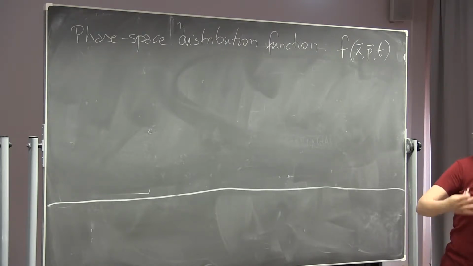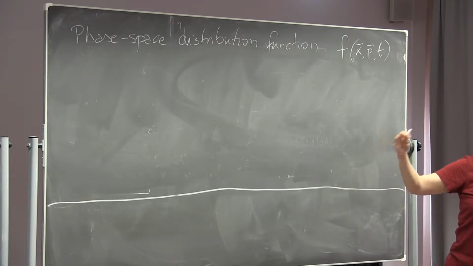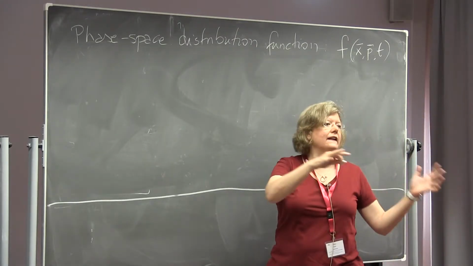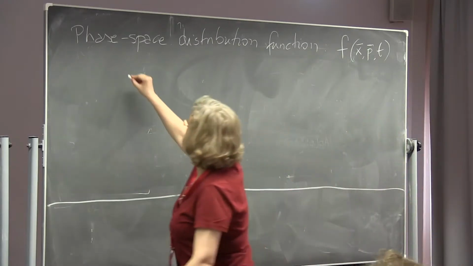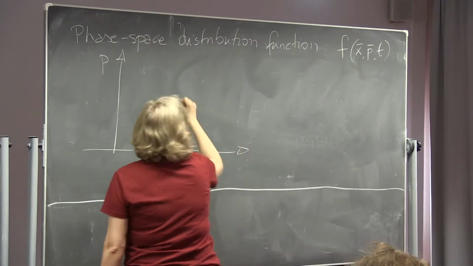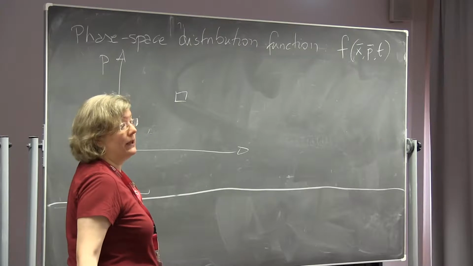If you want, you can take the full 6n or n particle phase space and project in some sense the particles to the one particle phase space. And then of course in every little cube in the phase space, I will have a density of particles, okay?